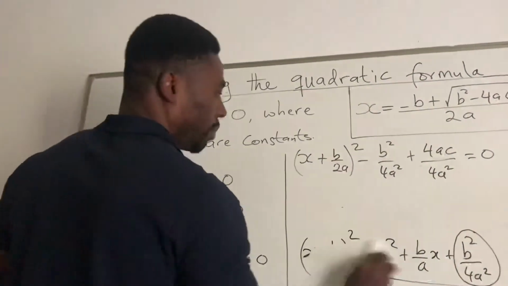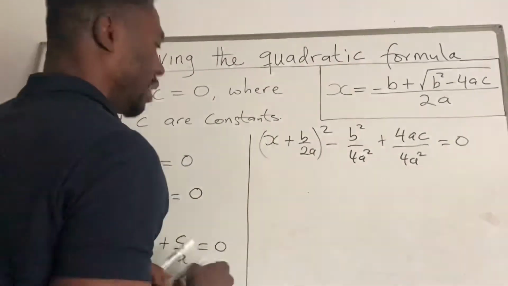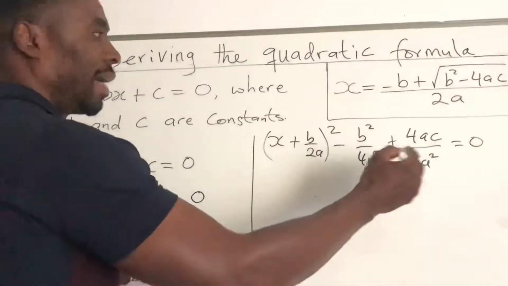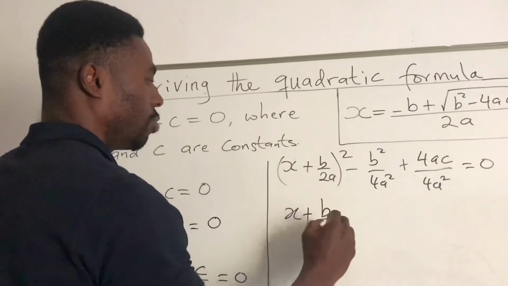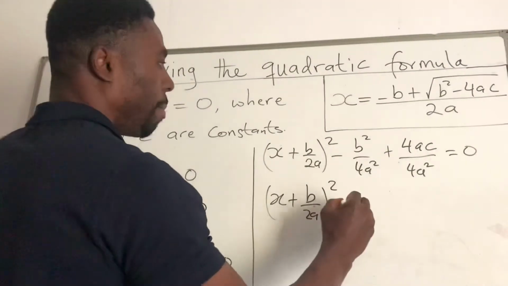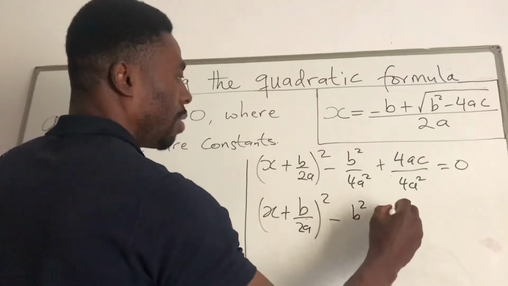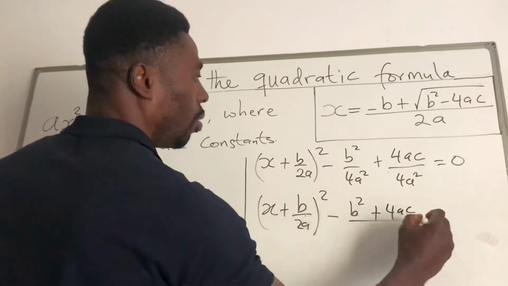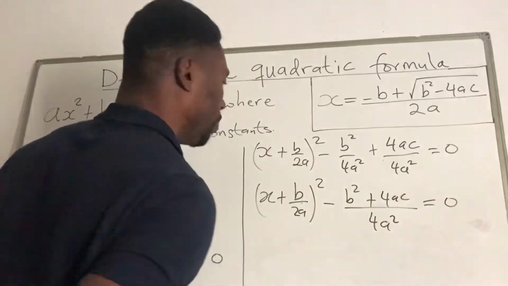At this point, we can see that these denominators are the same, so we can combine these two fractions. x plus b over 2a in a bracket squared minus b squared plus 4ac all over 4a squared equals 0.